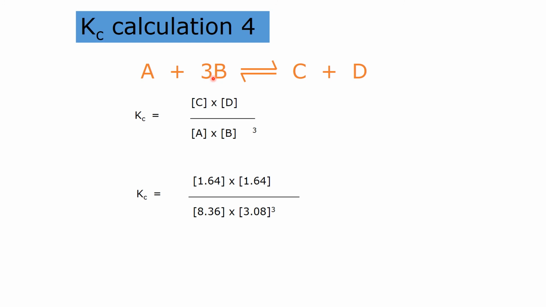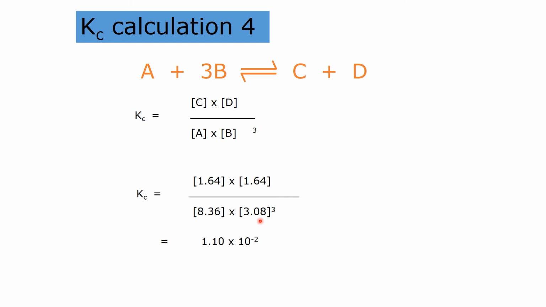When we do that, and hopefully you can do this yourself by plugging the numbers into your calculator, you can work out that Kc will have a value of 1.1 times 10 to the minus 2.